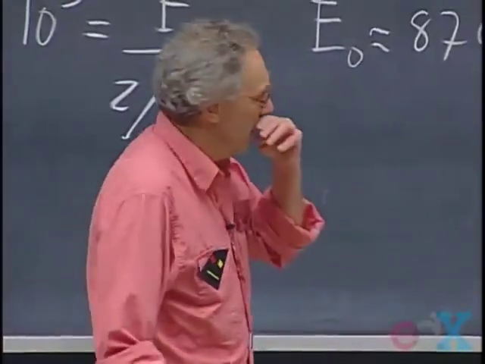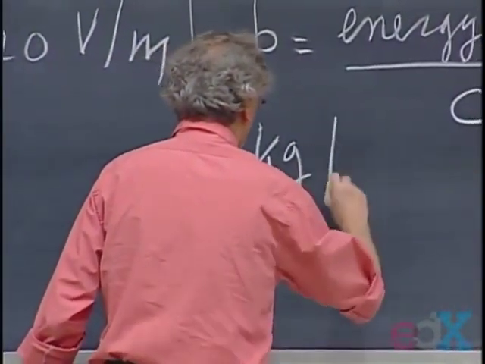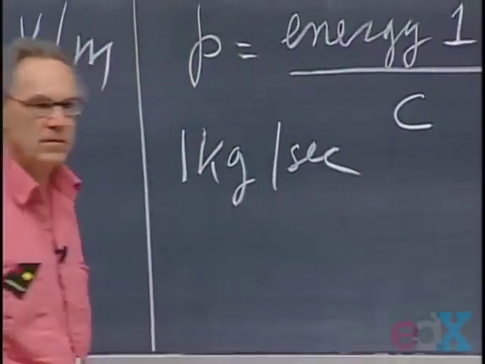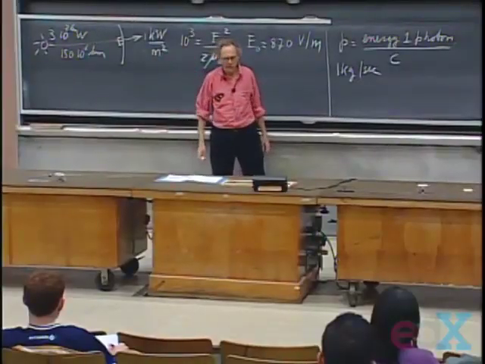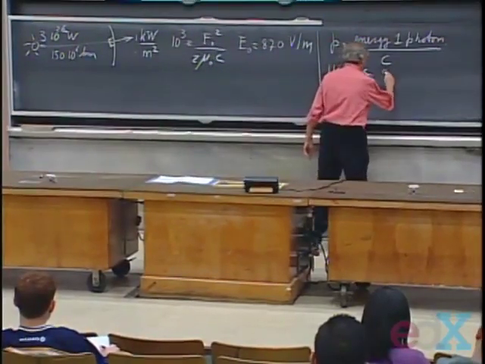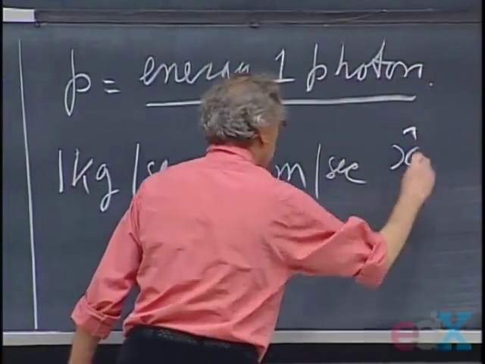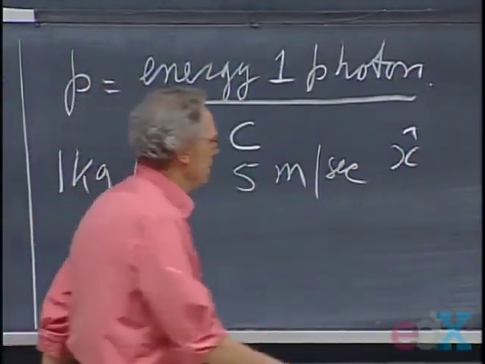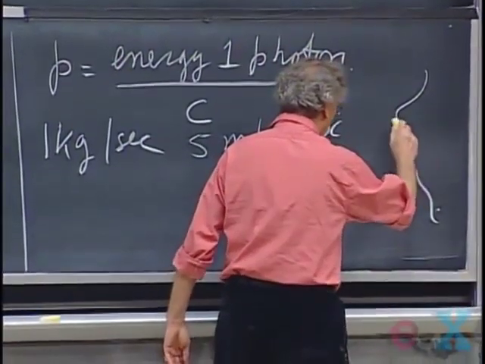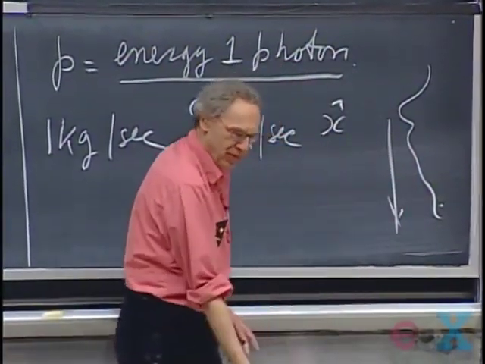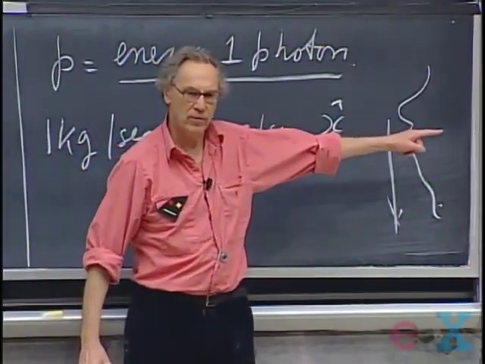If, for instance, I threw 1 kilogram of tomatoes at you each second, so one after another, on average 1 kilogram per second, and if each tomato had a speed of 5 meters per second, and I call that the x direction, and here is your face, they hit your face and then they go down. So all the momentum in the x direction is destroyed.